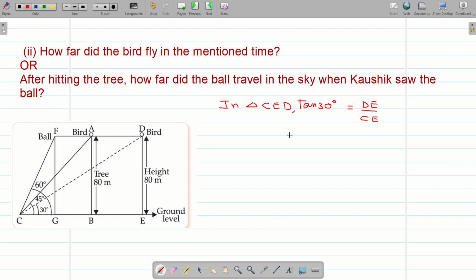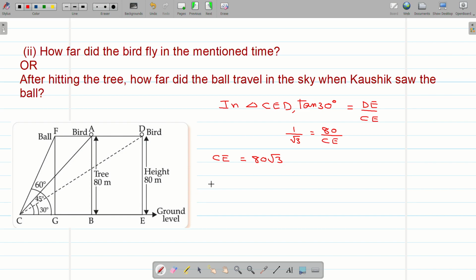The value of tan 30, we know that it is 1 by root 3. So 1 by root 3 is equal to 80 upon CE. So CE is equal to 80 root 3.